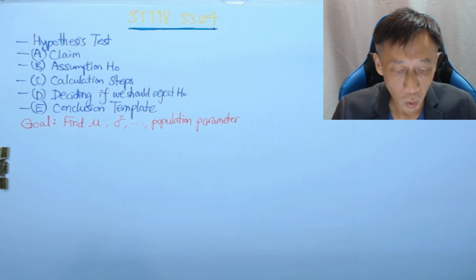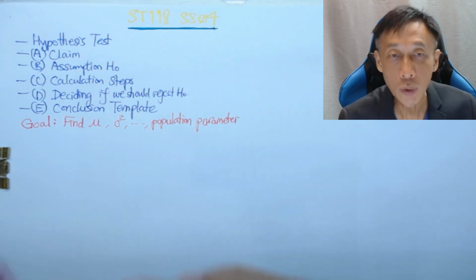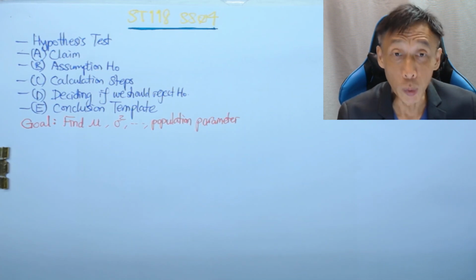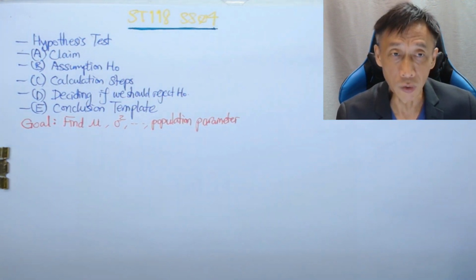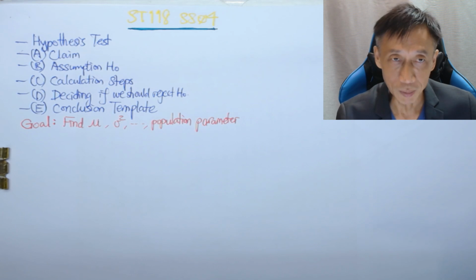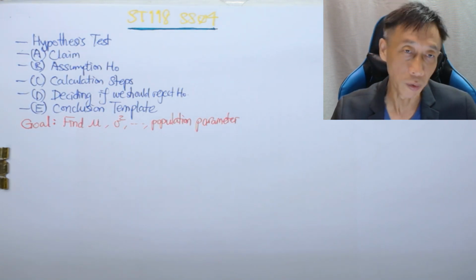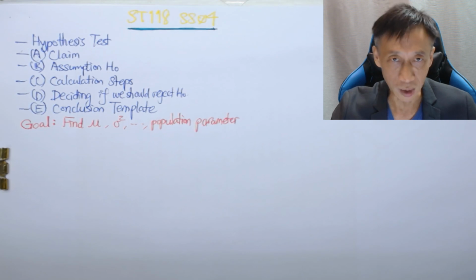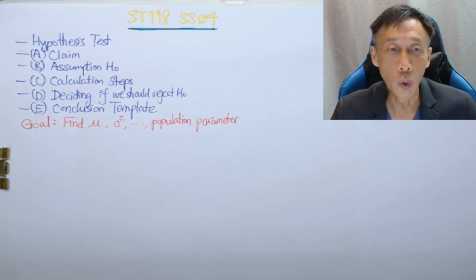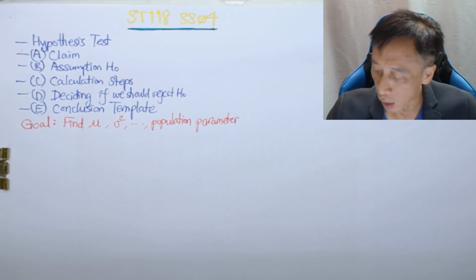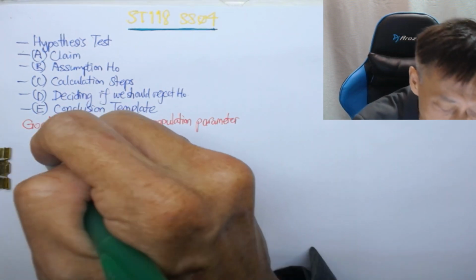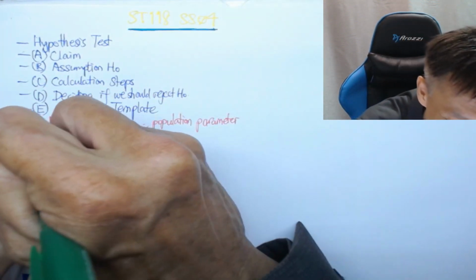So the goal, if we just talk about finding mu, we need to perform sampling, just like confidence interval. We must gather data. That's the only way to touch reality, to connect our statistical theory with practice, with reality. So we make measurements and we gather samples. So recall again, right?